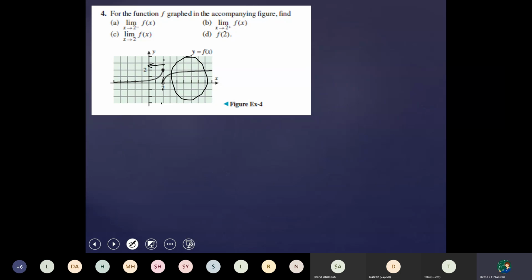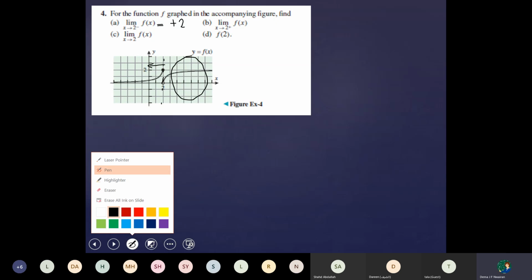From the left, the curve is coming from any place and stops at which point? Positive 2. So I will say that the limit when x approaches 2 from the left is positive 2.